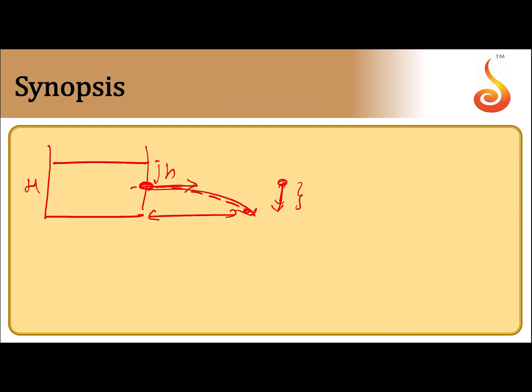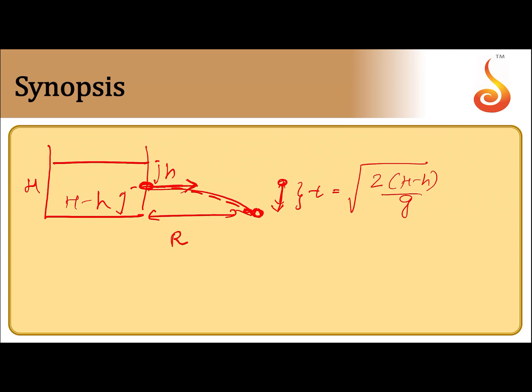So the time required by the liquid which is coming out to reach this bottom level is given by square root of 2 times (H minus h) divided by g, this height being H minus h. So the liquid which is coming out takes this time to reach the ground level.